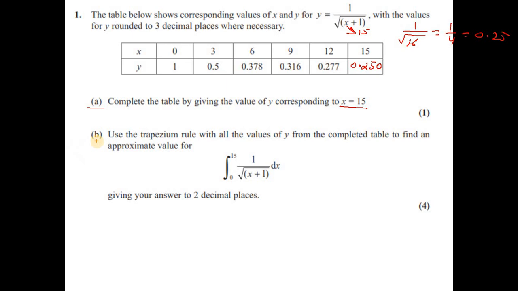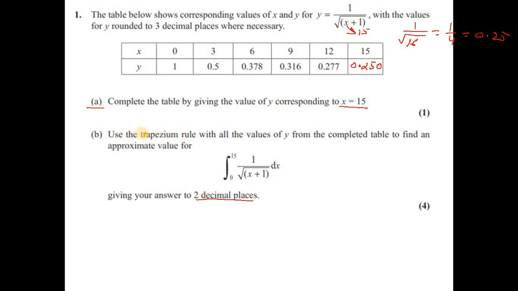Okay, part B. Use the trapezium rule with all the values of y from the completed table to find an approximate value for the integral from 0 to 15 of 1 upon this function, giving your answer to 2 decimal places.